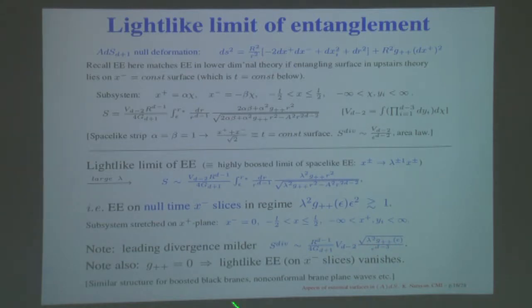Okay, there's another thing that one can see from here, which is that if one looks at the ground state, these are all excited states that we were talking about, or CFT deformations. If one looks at the ground state itself, this lightlike entanglement on these null slices in fact just vanishes. Okay, this is something that we had noticed earlier also, in the context of the AdS5 plane wave.